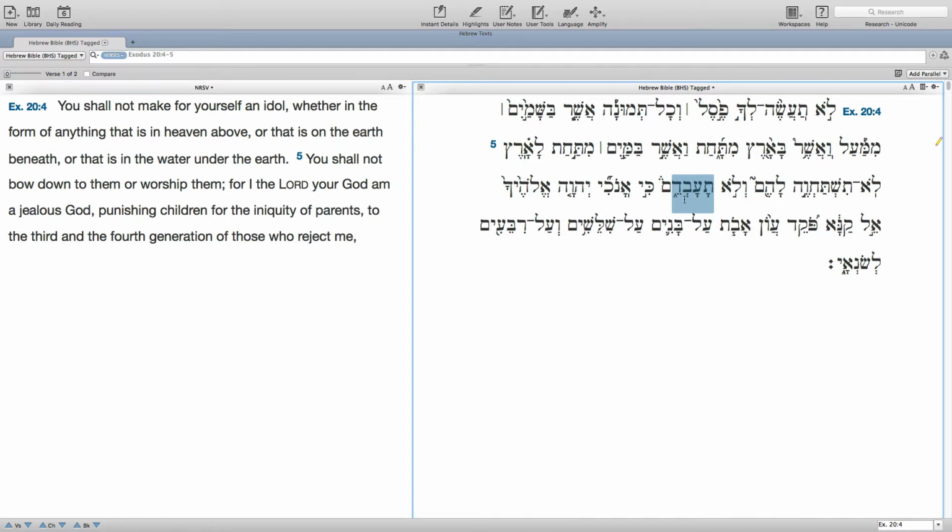This is rather in what we call the hofal or hufal binyan. And when this root appears in the hofal binyan, it does not mean do not worship them. It means do not be enticed or seduced into worshiping them.